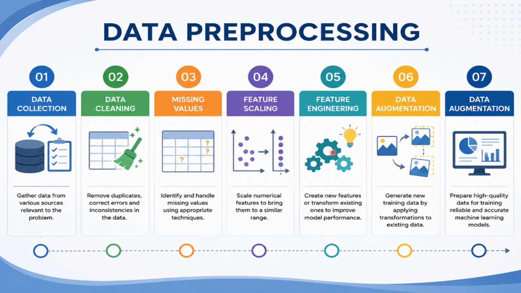And then feature engineering, where you create new features from the existing ones to get a normal feature. And finally, if you don't have enough data, you will do data augmentation, creating new data from the old data. For example, you want to predict whether a given image is a cat.